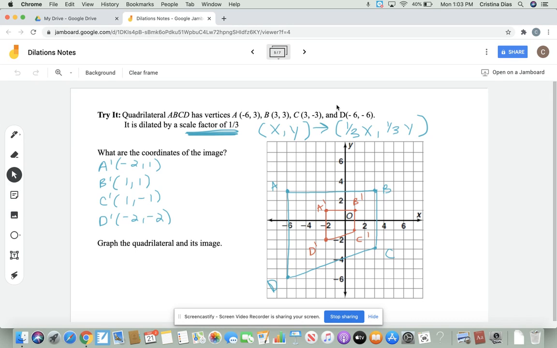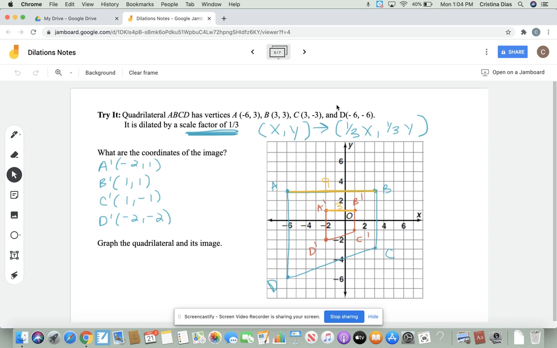Okay, so it is similar, and I always like to just check out one of the corresponding side lengths. We see here that these two line segments correspond. So in the original figure was 2, 4, 6, 8, 9 units long. And in the image figure, it's 3 units long, which is 1/3 of 9.